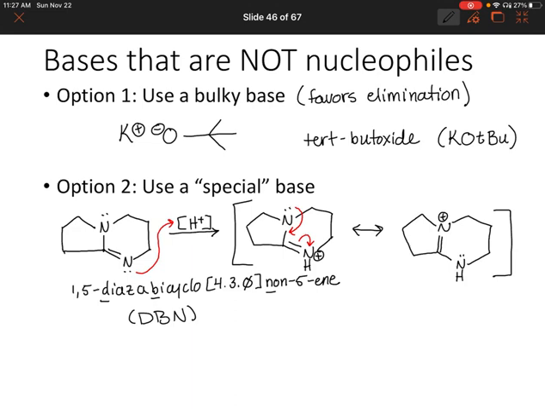All right, and this is great because we do want a base that has a stable conjugate acid, right? Because that means it's a really strong base. And this is a really stable conjugate acid because of its resonance.